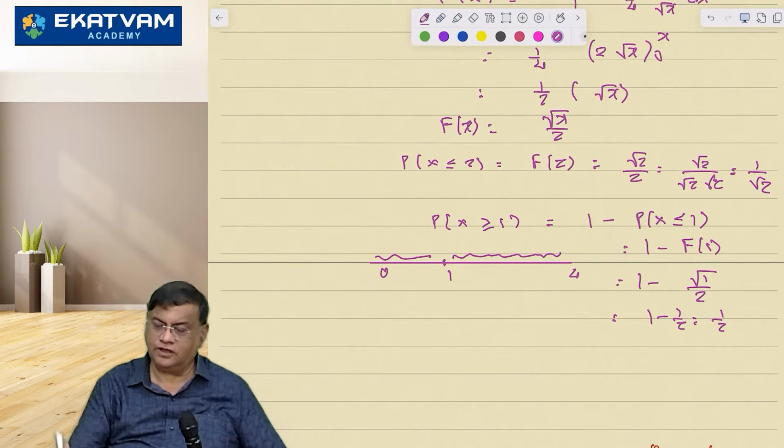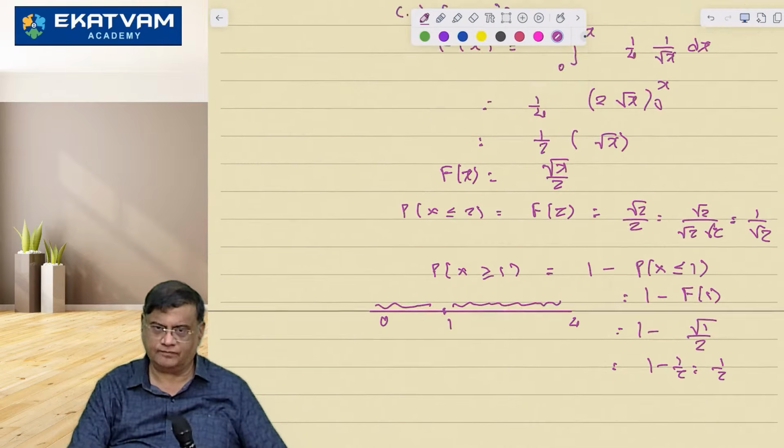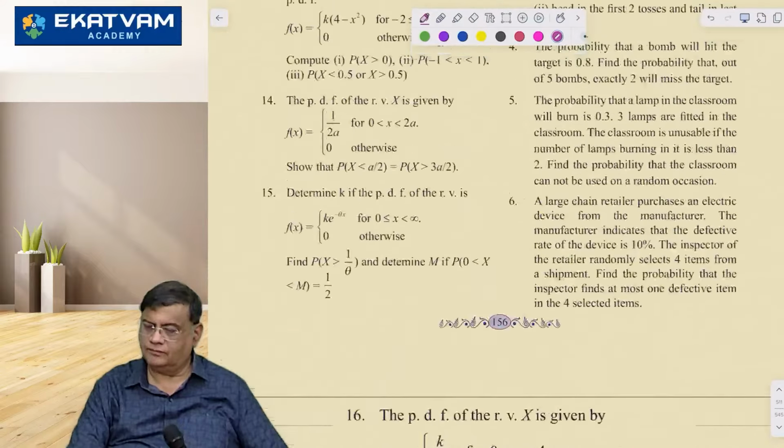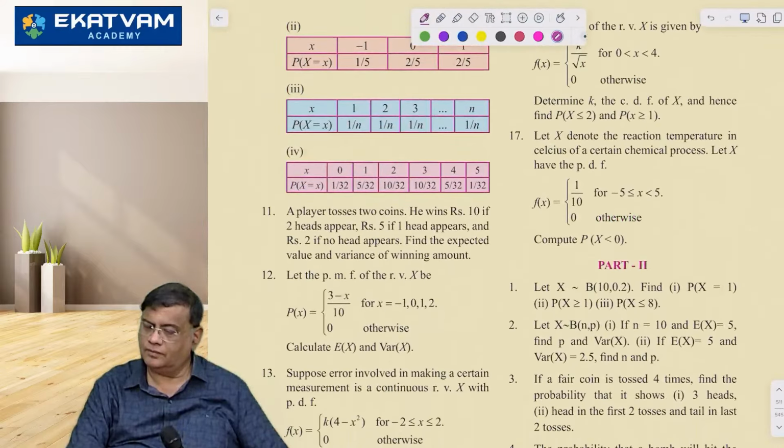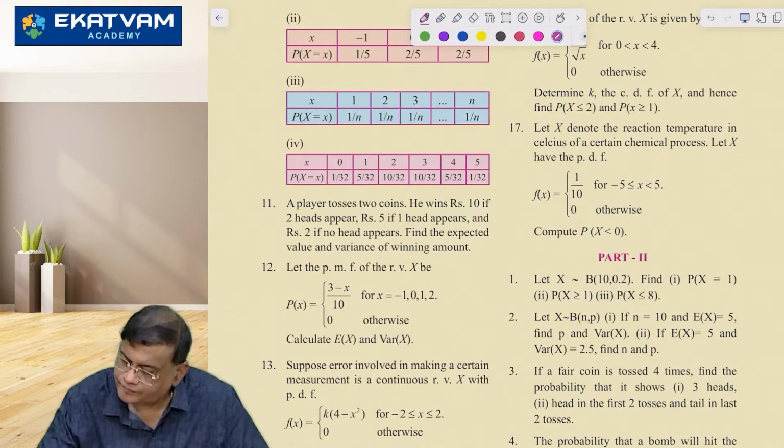और देखते ही देखते हम इसके लास्ट क्वेश्चन पे पहुंच गए. 17th.